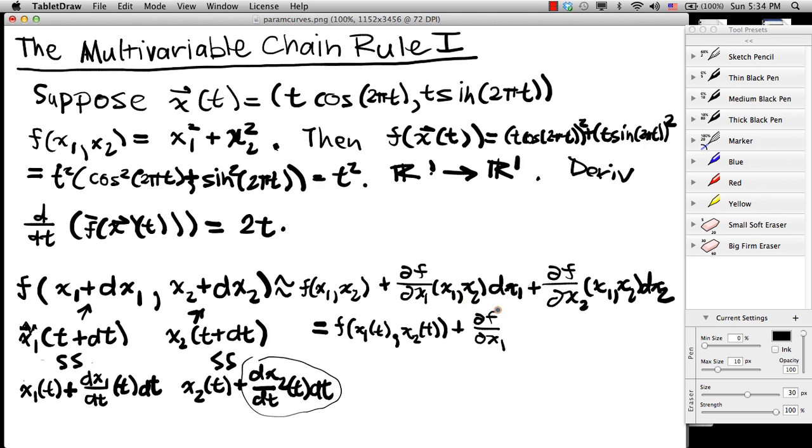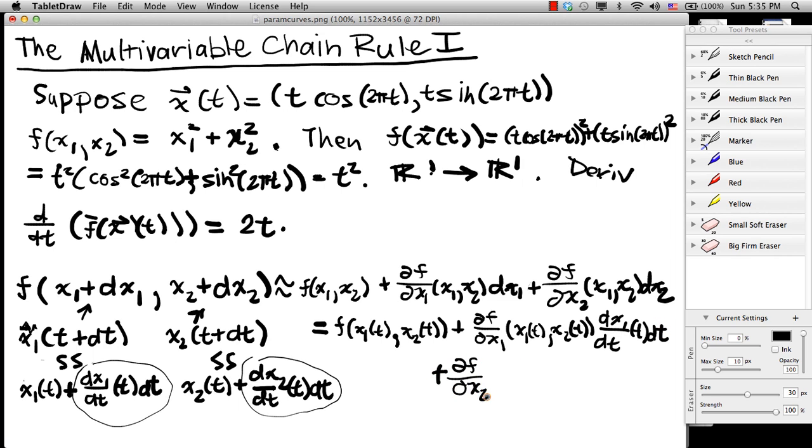I don't substitute into that, I'm just substituting into differentials, right? And I've got x1 of t, x2 of t. And now my dx1 is this. So I multiply by dx1 over dt of t dt. Plus, now that second term is df dx2. This doesn't change because it doesn't depend on the differential quantity. And I have dx2 dt of t dt.